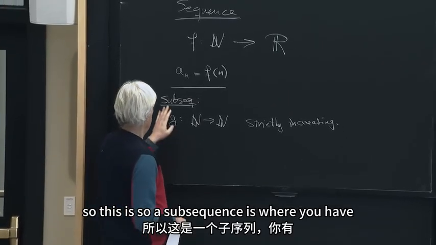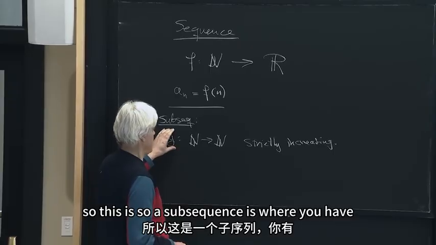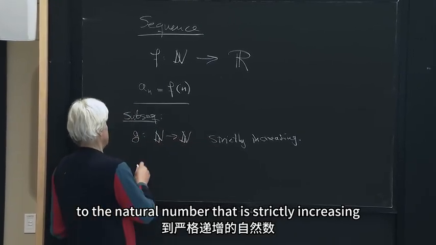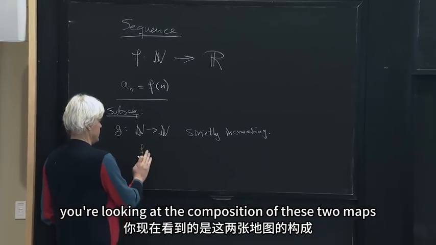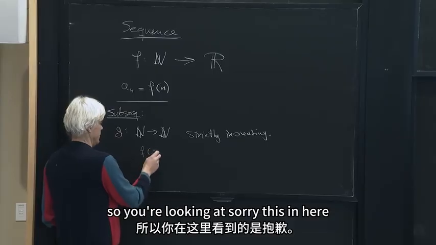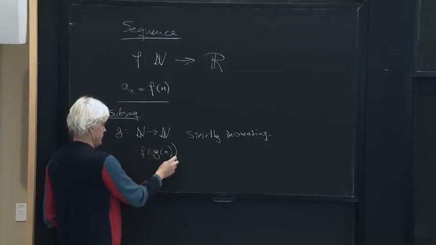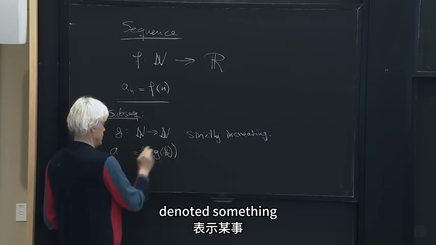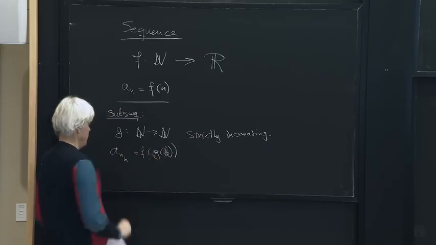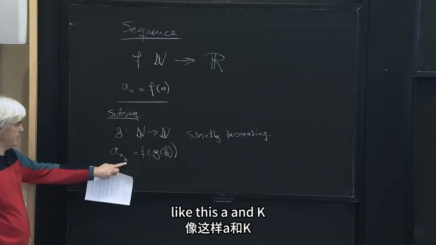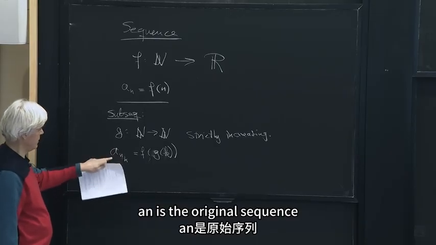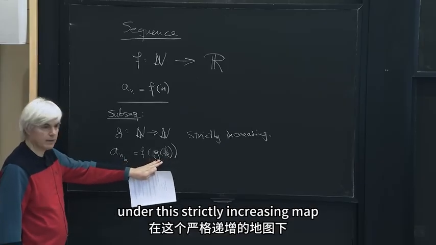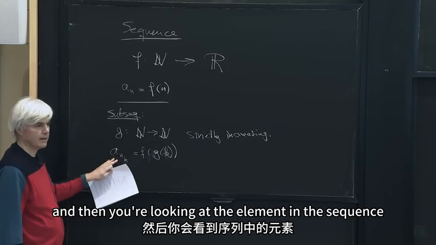So a subsequence is where you have another map from the natural numbers to the natural numbers that is strictly increasing, and then you're looking at the composition of these two maps. This is usually denoted a_{n_k}. a_n is the original sequence, and k means that you take the image of k under this strictly increasing map, and then look at the element in the sequence.